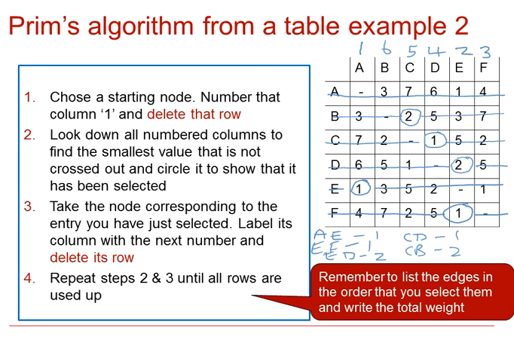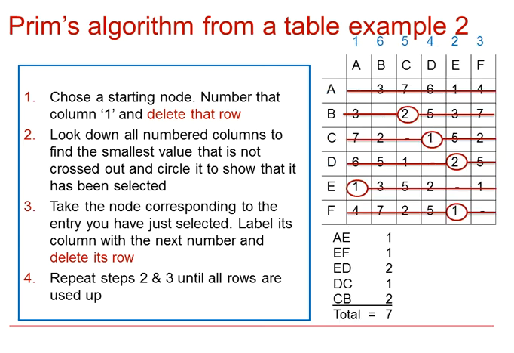Remembering that a computer using an algorithm will not know to stop until all the rows are used up. I can then see that the minimum spanning tree, I could draw that using the arcs in the order I've connected them here, and the weight would be 1, 2, 3, 4, 5, 6, 7 again. So in the exam, try and remember to take a ruler in so you can do that neatly. Fortunately, I don't have a ruler on this video.